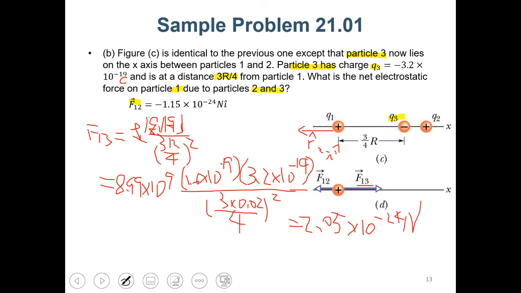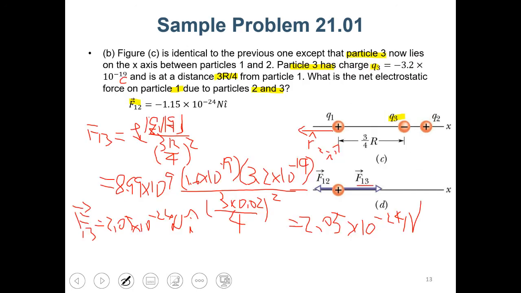Or you can write it as F13 equals 2.05 times 10 to the minus 24 i hat.